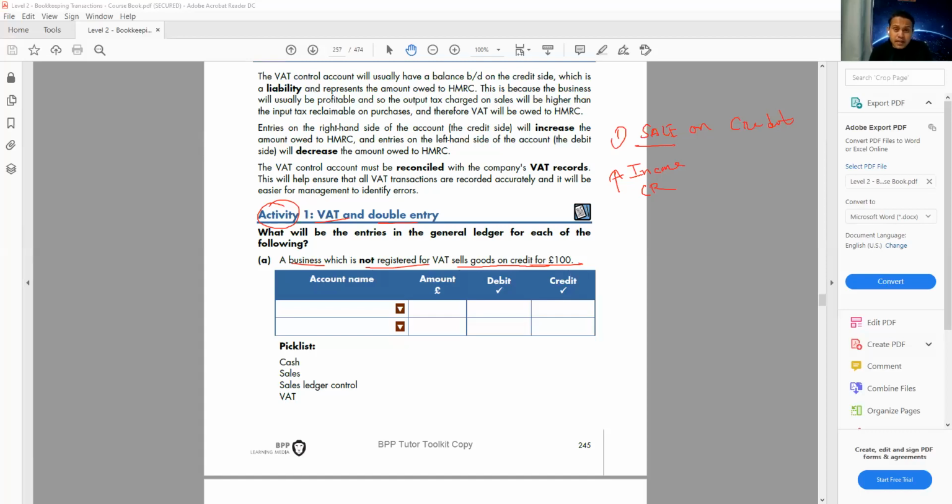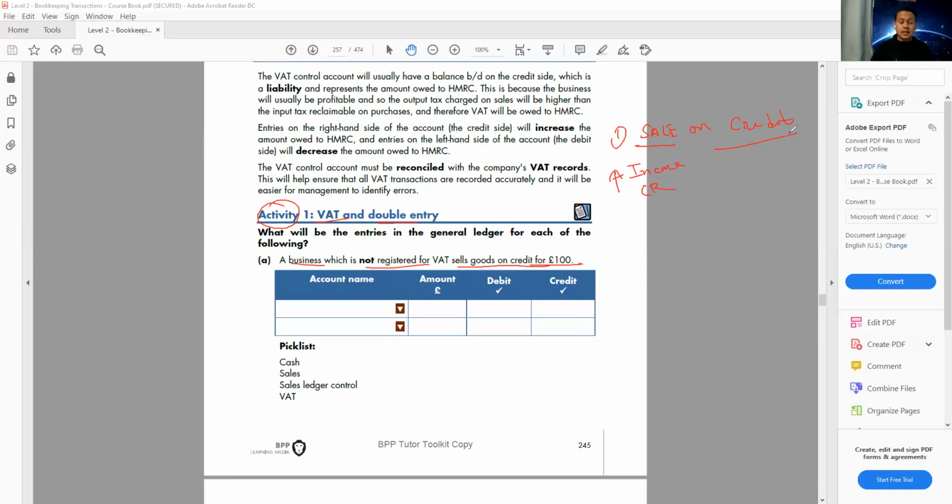On the other hand, when I make a credit sale, I create sales ledger control, that is the credit customer. So when I make a credit sale, for example, if I make a sale to Evelina and Evelina says, I'll pay you later, I have a name for Evelina. I say, Evelina, from today, you are my sales ledger control.